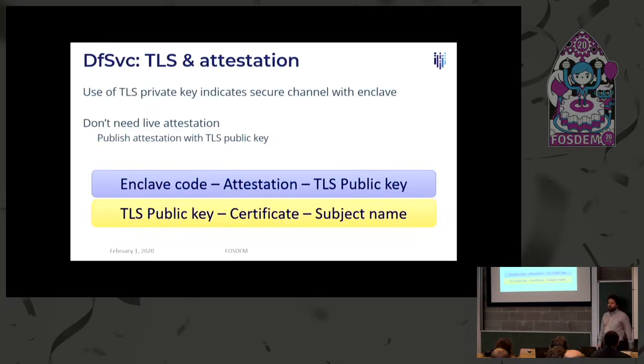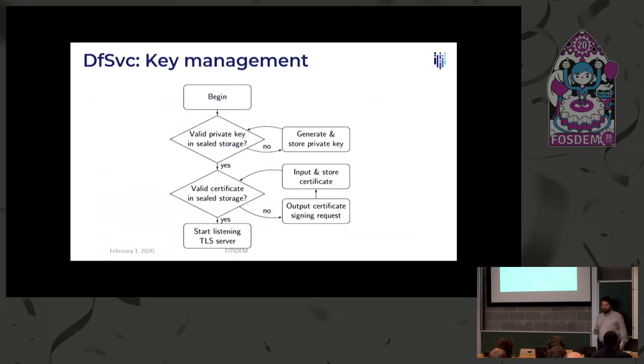You can't do something like the Lavabit thing, right, where the private key is leaked or ordered to be leaked, because the private key is not owned by a human; it's owned by the enclave. And you know that the software that you've written that's running in the enclave will not release the private key, right? So when the enclave starts, you just check, do I have a valid private key?